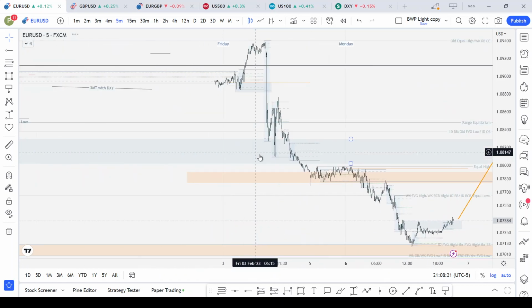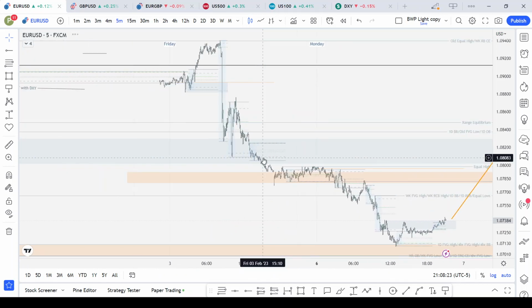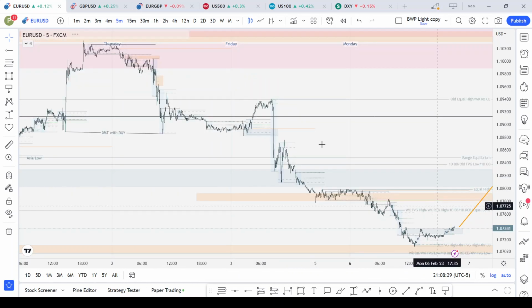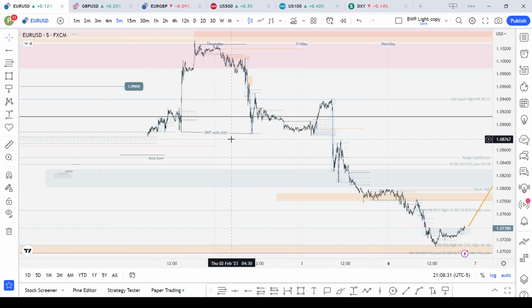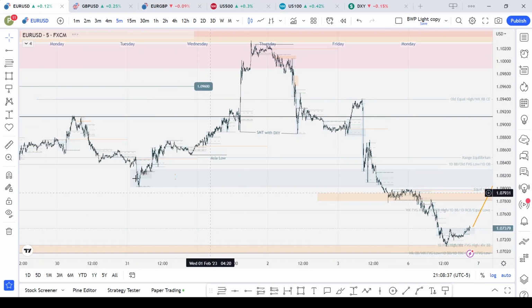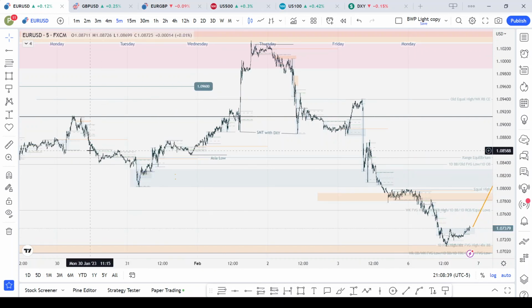Last week's analysis played out to the tick. Okay, it played out almost exactly as I outlined it. The whole of this move I outlined beforehand in my outlook video last week on EU.